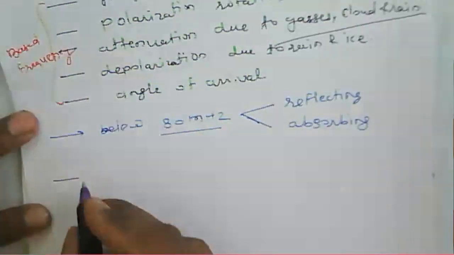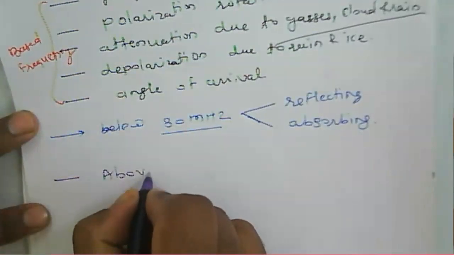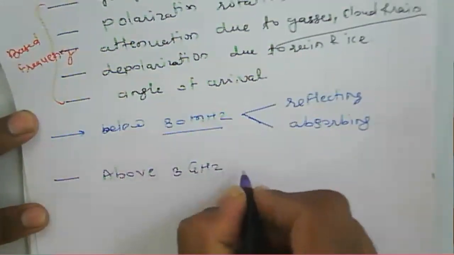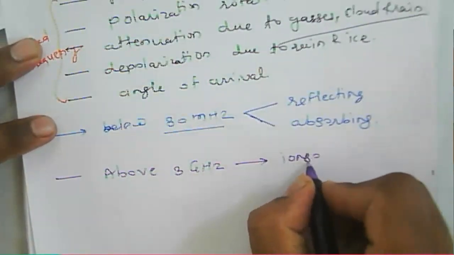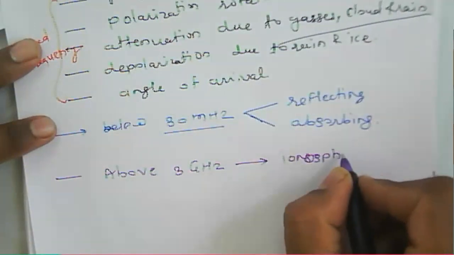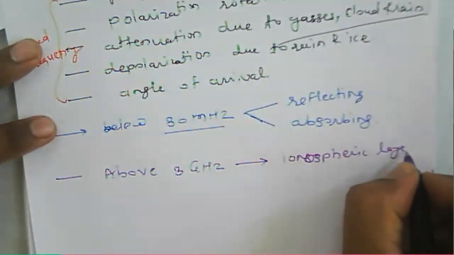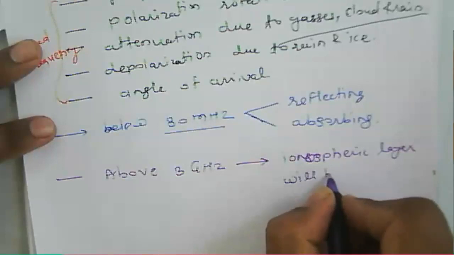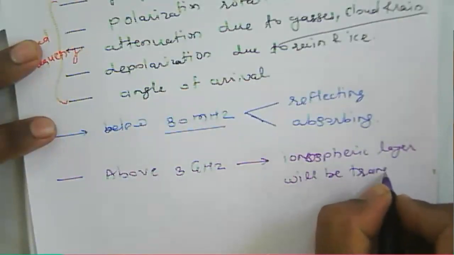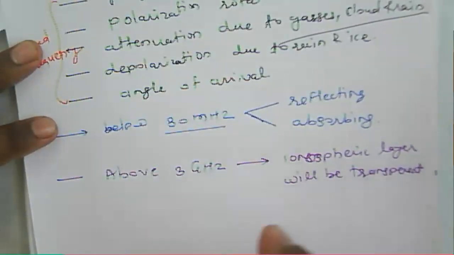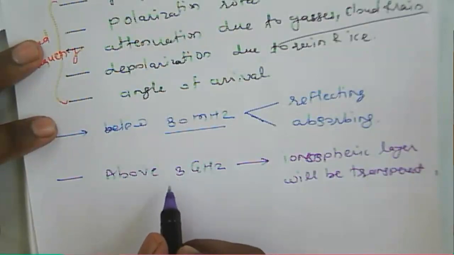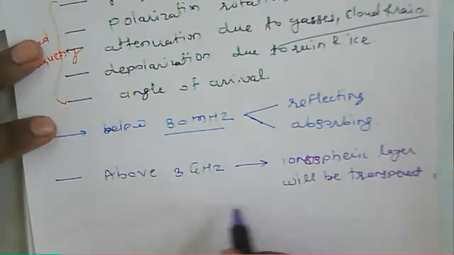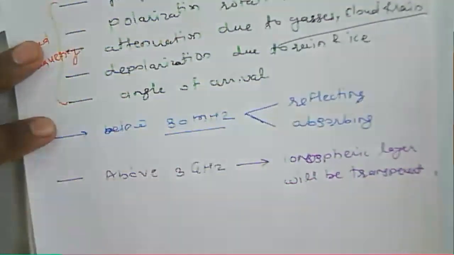And then again we say that above 3 gigahertz of signal frequency, the ionospheric layer will be transparent to your signal.